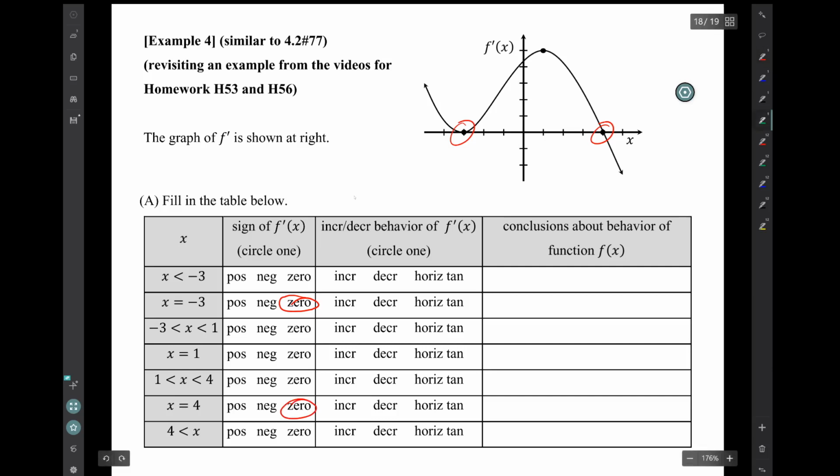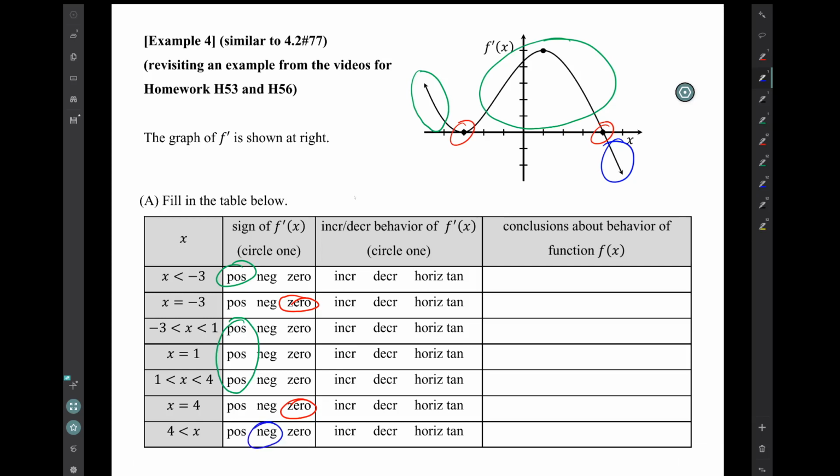And notice that on this region of the graph and on this region of the graph, f prime is above the axis. So that means f prime is positive. And in this region of the graph, to the right of 4, the graph of f prime is below the axis. So f prime is negative.